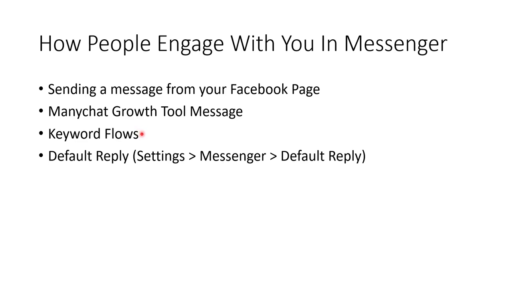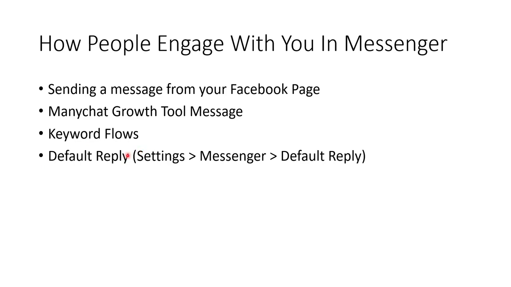And as you would expect, what happens when they type something in and you can't recognize any words? Then you have a default reply. Okay, and this, they type in the sky is blue. Well, probably you're not going to have anything looking for the words the, sky, is, or blue. So then you hit the default reply.